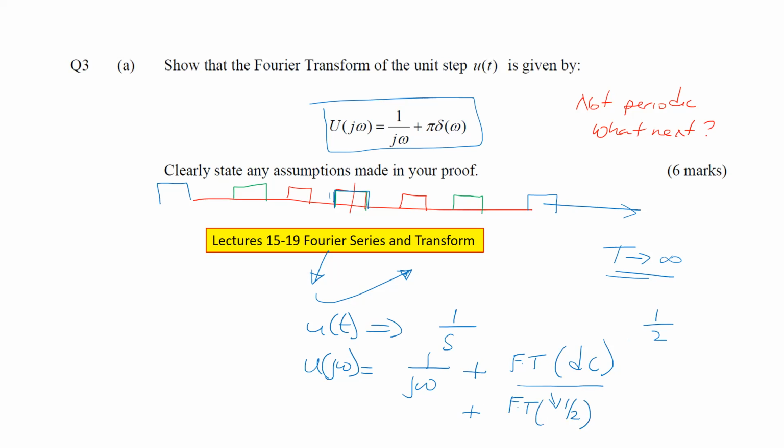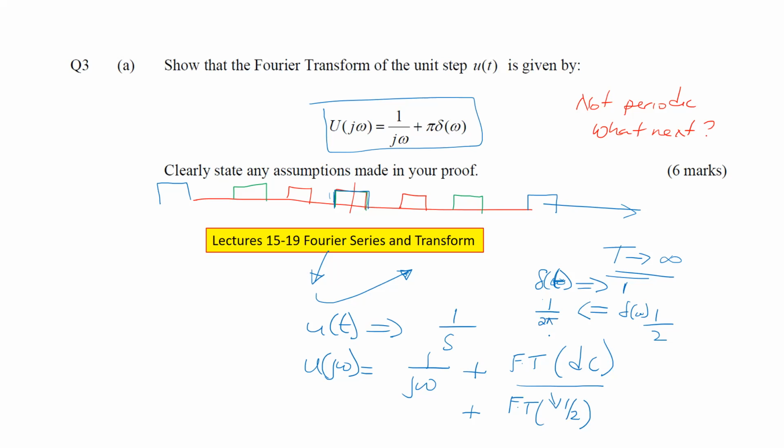And then if you tell me from the properties of the Fourier transform that delta(t) gives me a Fourier transform of 1, so that delta(omega) gives me an inverse transform of 1 over 2 pi.